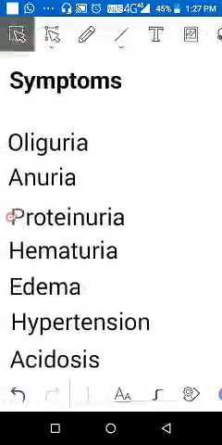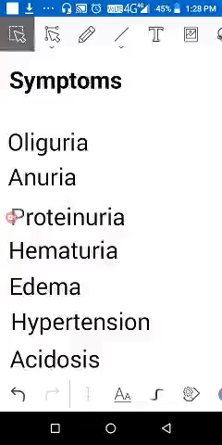What are the symptoms we can see in such cases? First symptom is oliguria. Whatever the problems of the kidney, the ultimate effect is manifested in urine formation, right? So oliguria can be termed as the primary symptom.